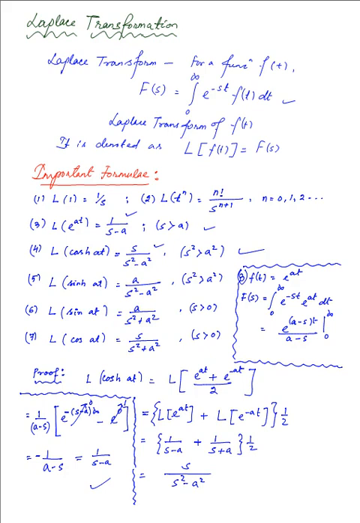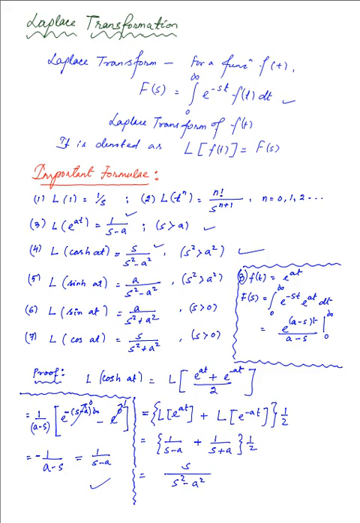So similarly you can prove a lot of the formulas that are present over there, and you can check for yourself. I would suggest you try the second formula now, and see for yourself if you are getting that n factorial over s raised to the power n plus 1.